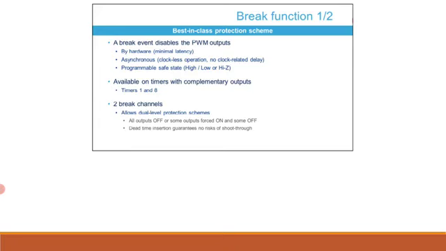At the time the fault occurs, the system will first disable the high side PWM and insert a dead time before switching on the low side. That's how it prevents potential shoot through conditions. Is this clear? Let's move on to one more brake function.